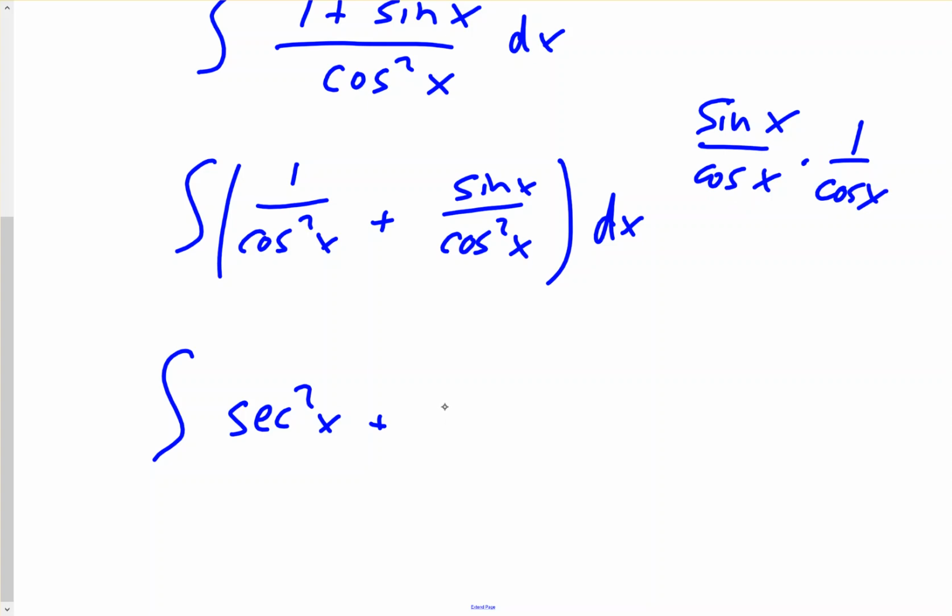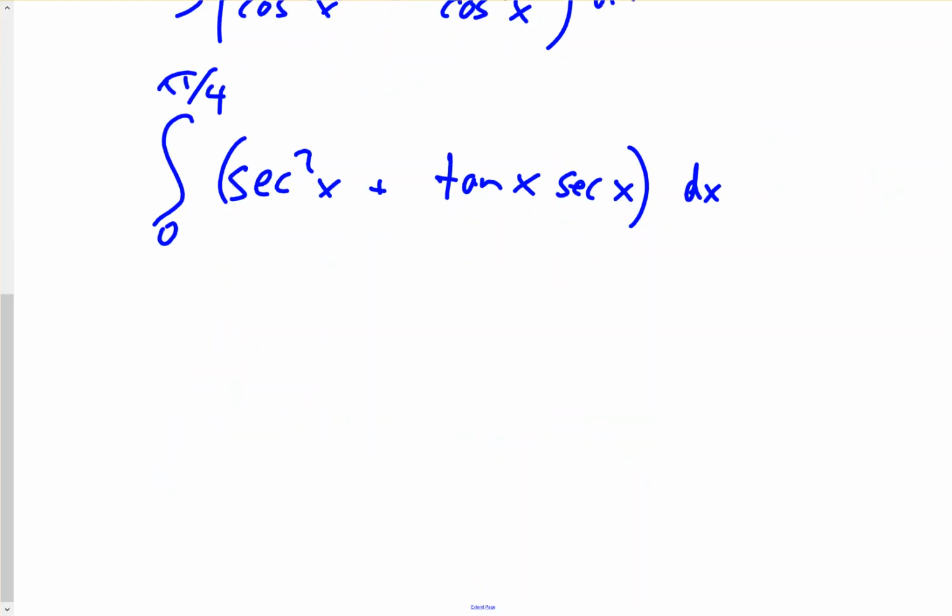So we have tangent x secant x. Okay, so that means we can integrate this. When we integrate secant squared, that's just tangent of x. And when we integrate tangent secant, that's just the secant of x.